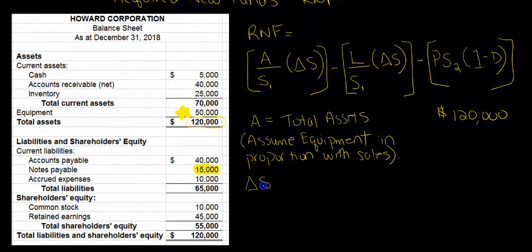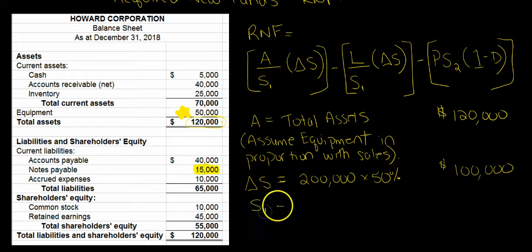Now the change in sales is you just take your original sales. So let's just assume that our original sales are 200,000. And let's also assume that they're going to go up by 50%. So that's how much we're forecasting they're going to change. So then that change in sales means it's going to increase by 100,000.